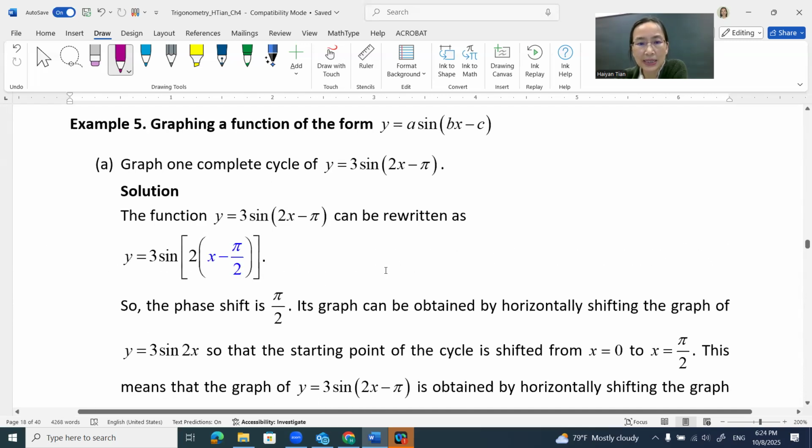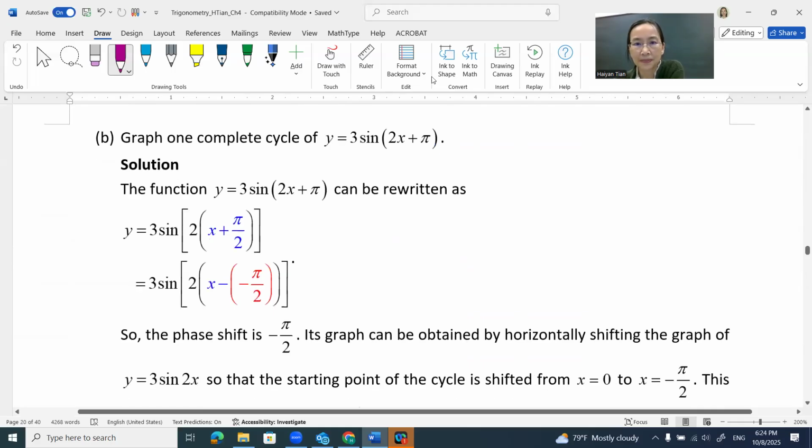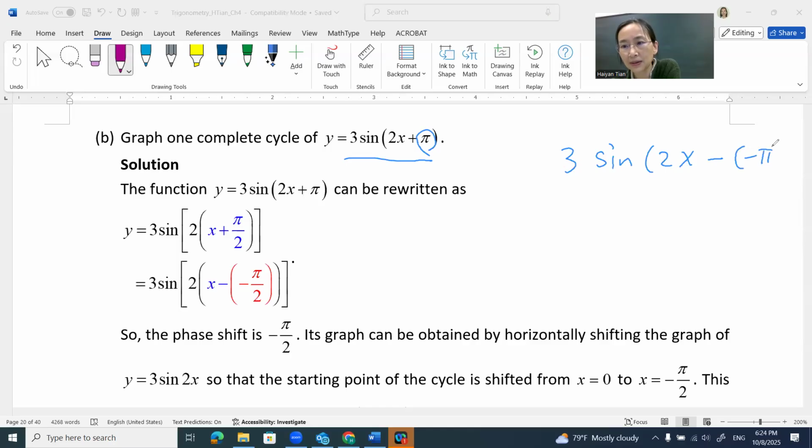Here is one case. We see a c which is pi, positive. Can we write it into 3 sine 2x? If I want to write it into negative, then just write minus negative pi, right? Because minus negative is plus pi. So it's very easy to write this into that form.